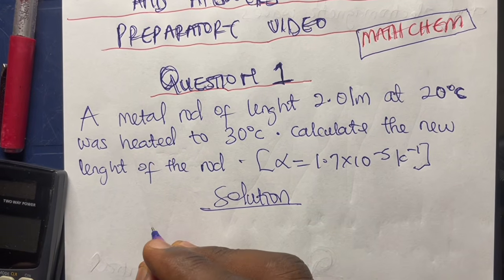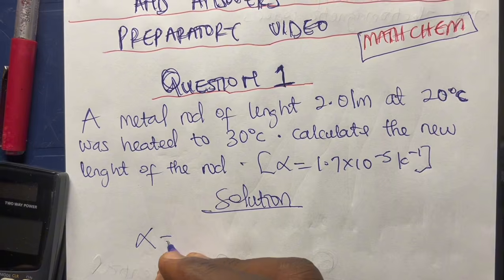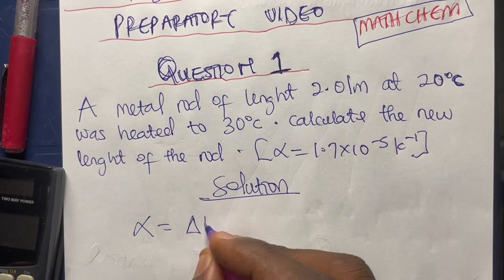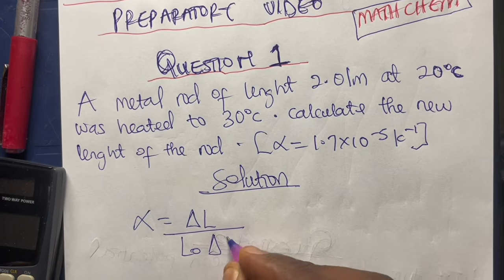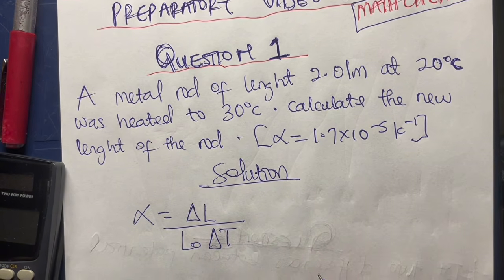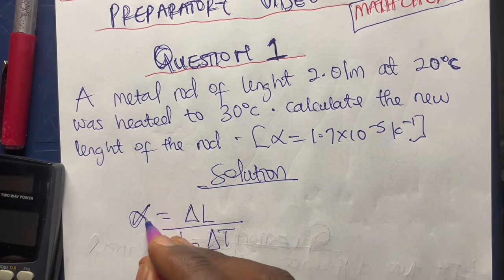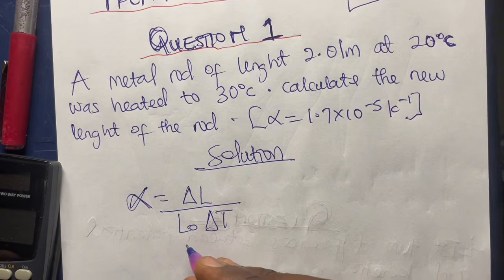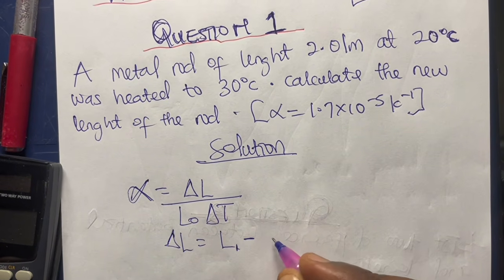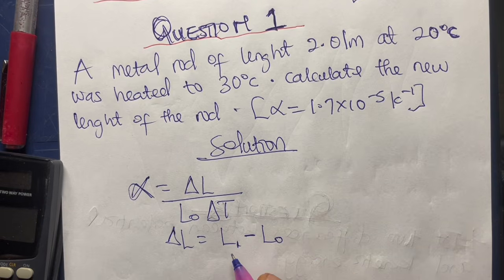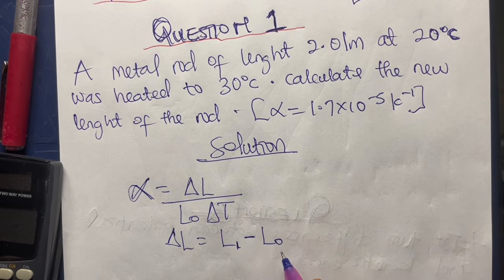So the formula for linear expansivity is: linear expansivity equals the change in length over the original length multiplied by the change in temperature. That's the general formula to calculate linear expansivity. Change in length simply means the final length minus the original length, final minus initial.